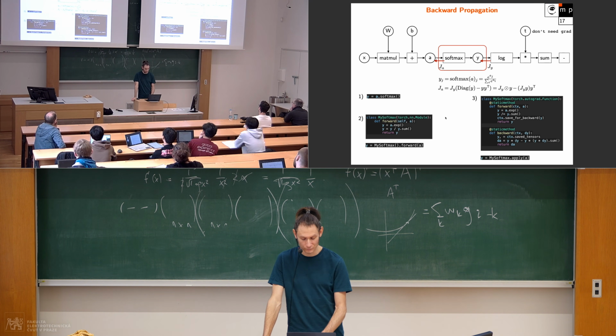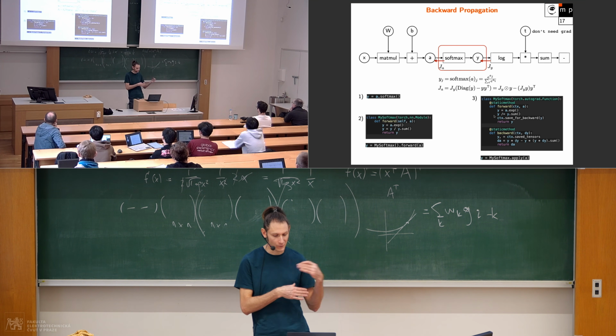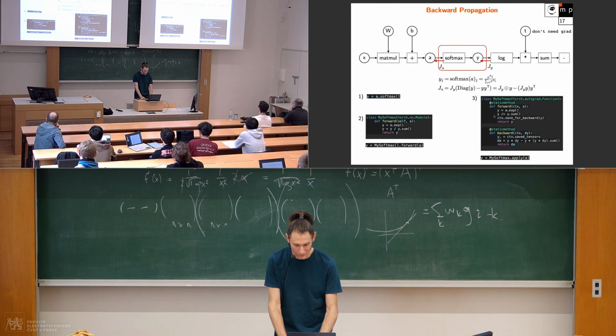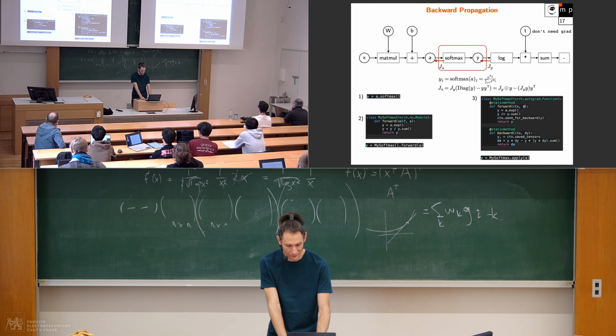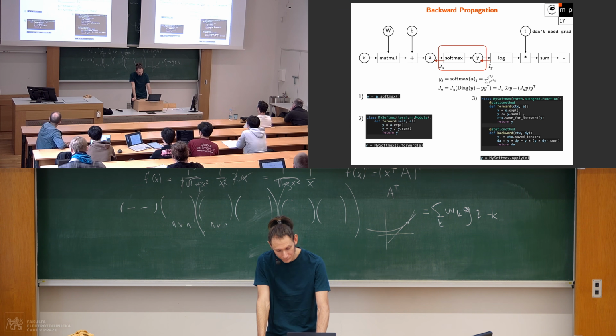Then you could go one level below. You could define a module which has this forward and the backward functionality. The forward functionality needs to take the input and compute the result, but it also has to save something to know how to compute the backward. In this case, we are saving this vector of the output probabilities, as we discussed.